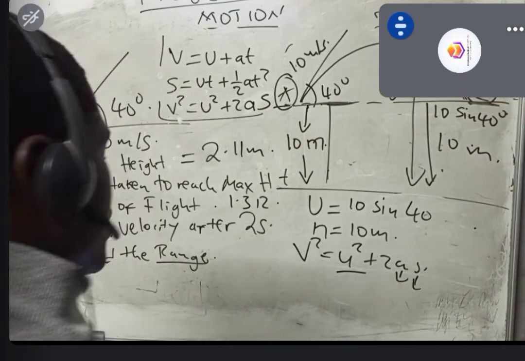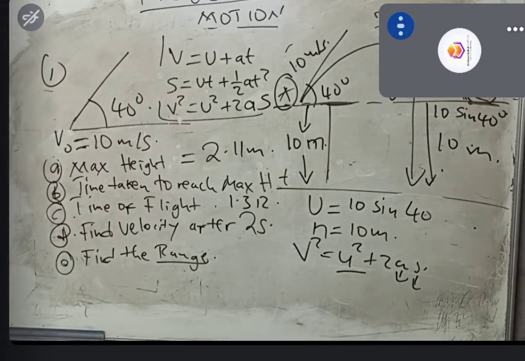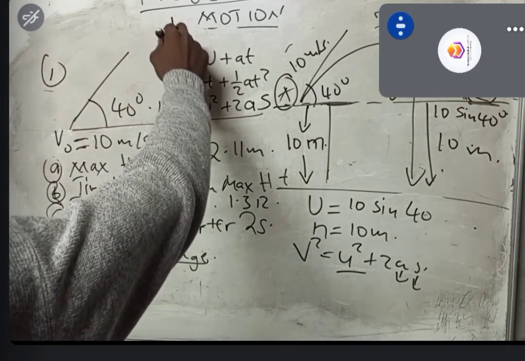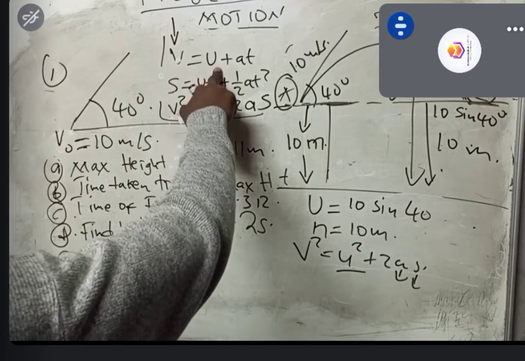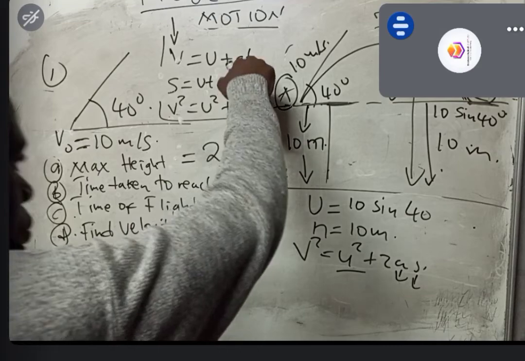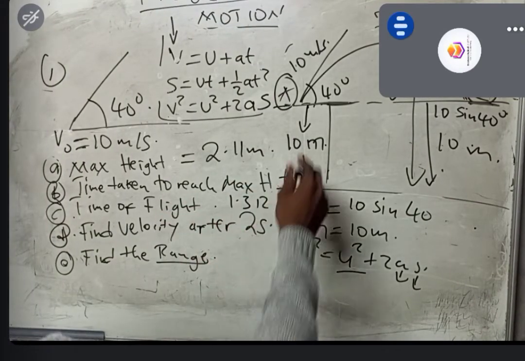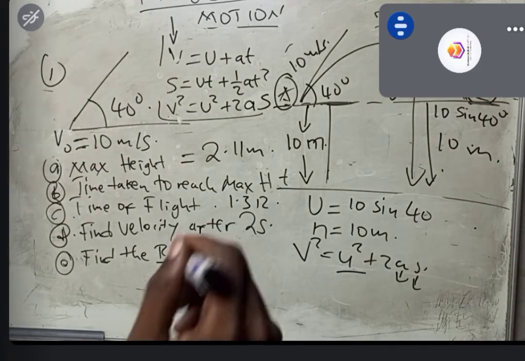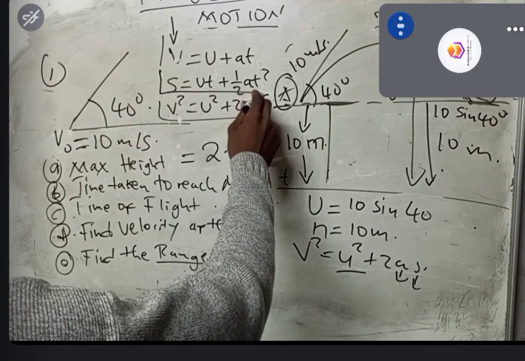Your displacement, the height, is 10. So you find your final velocity. After finding your final velocity, you come and get the first formula, put in the final velocity, put in the initial velocity, and find time. Then add it to the time that you had found from A to C, and you get the total time of flight. The answer you find is equivalent to the answer you find using this one.